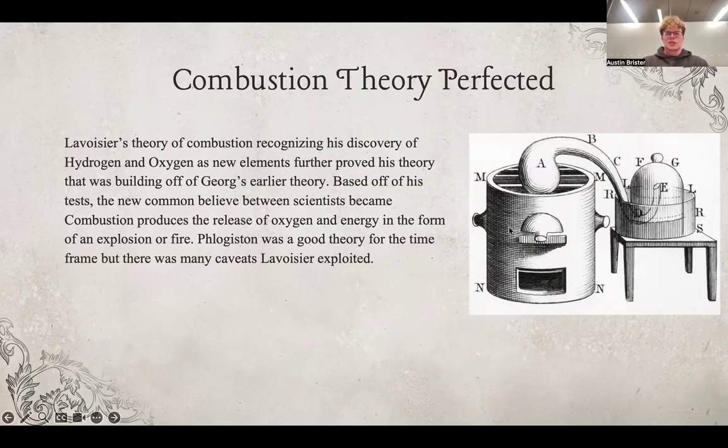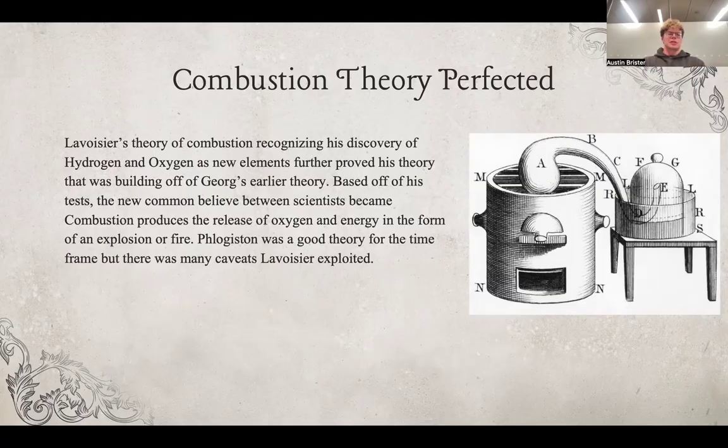This was the setup that Lavoisier used. You burn something on the bottom right here. The air flows up through A, and it flows into about E right there in the tank, and then it gets weighed, so you know what you have. Lavoisier's theory of combustion recognizes the discovery of hydrogen and oxygen as new elements that he discovered.